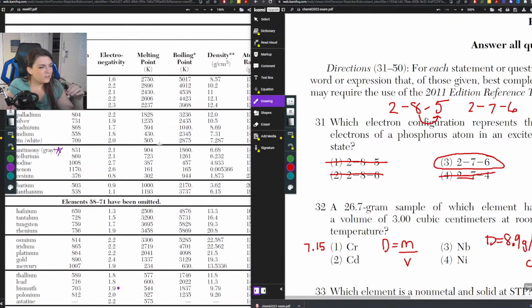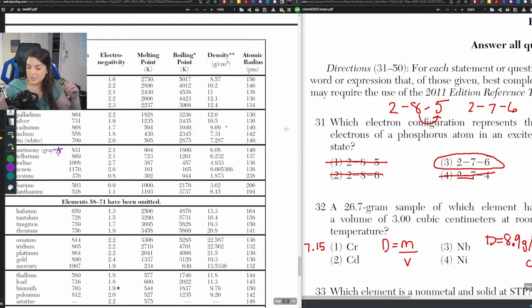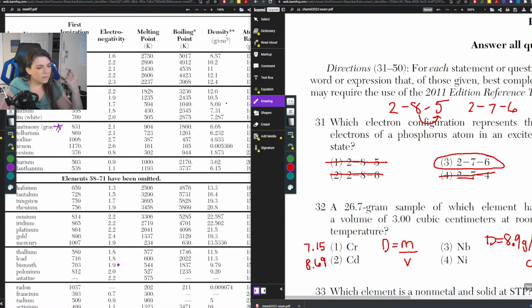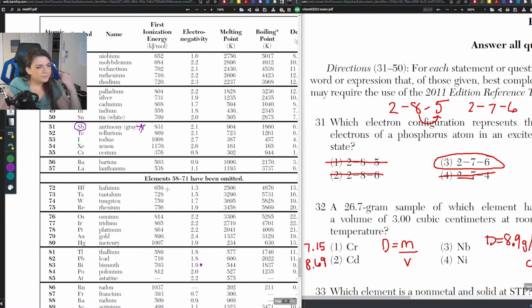Cadmium is 50-something. Cadmium right here. Density is 8.69. Then I have Nb. What's that? Niobium? I don't know where niobium is. There it is, number 41.